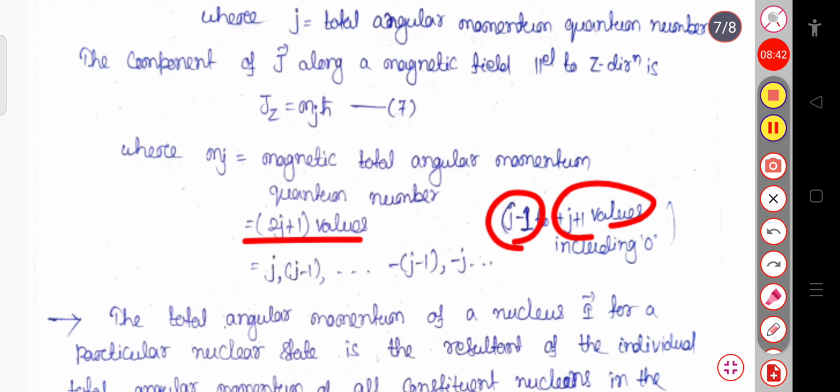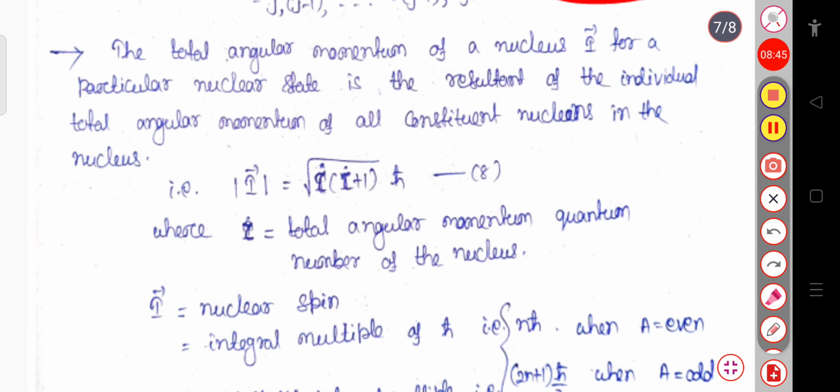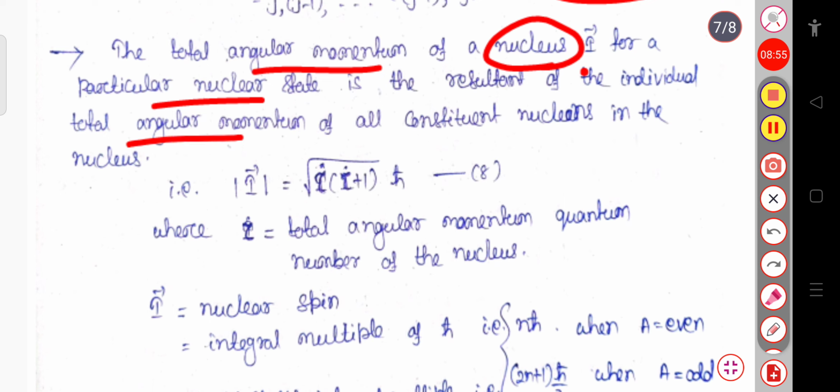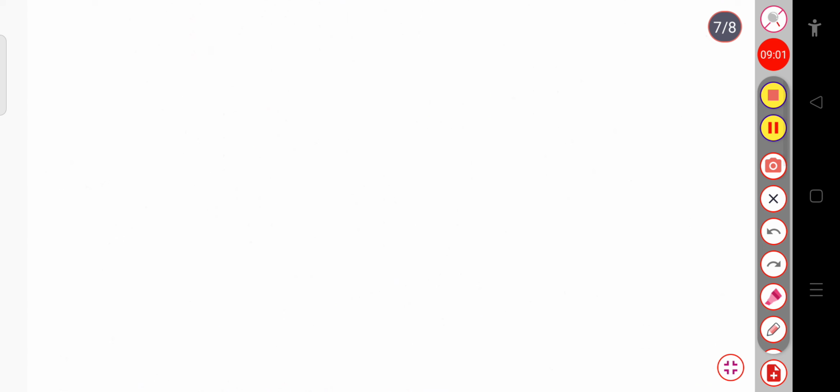Now if we consider the total angular momentum of the nucleus, capital I vector for a particular nucleus state, it is the resultant of the individual total angular momenta of all the constituent nucleons in the nucleus. So what is the difference between j and I?